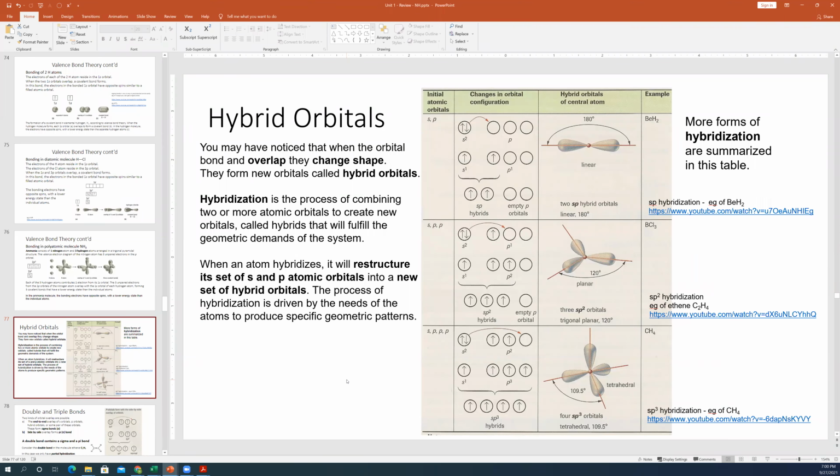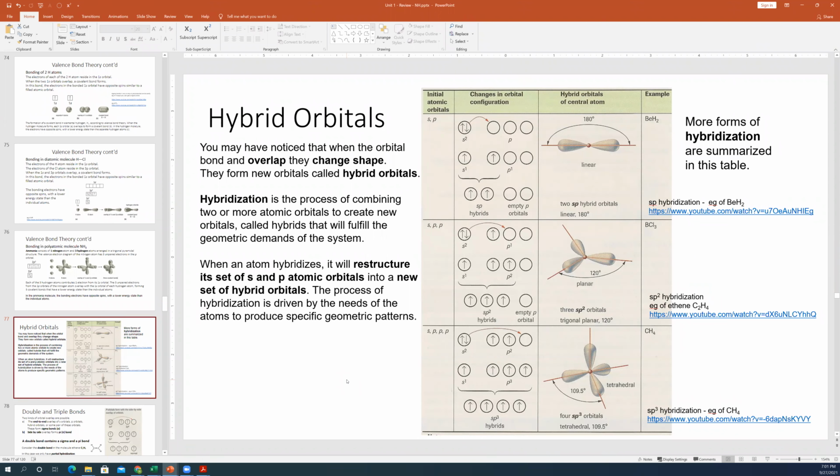All right, so sometimes when you have overlap of these orbitals, they can change shape and form new kinds of orbitals called hybrid orbitals.